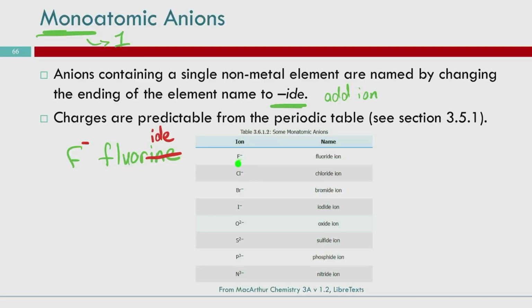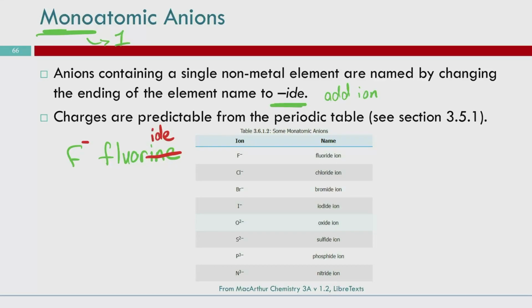We can do the same thing for the rest of our halogens. We can do them for our 2 negative charge things as well. So oxygen, the base is just ox. You change the ending to -ide and add ion. So oxide ion. I think these are relatively simple. Just change the ending to -ide. You kind of have to remember what the base is. If you get it wrong, as long as it's recognizable, it shouldn't be too much of an issue.